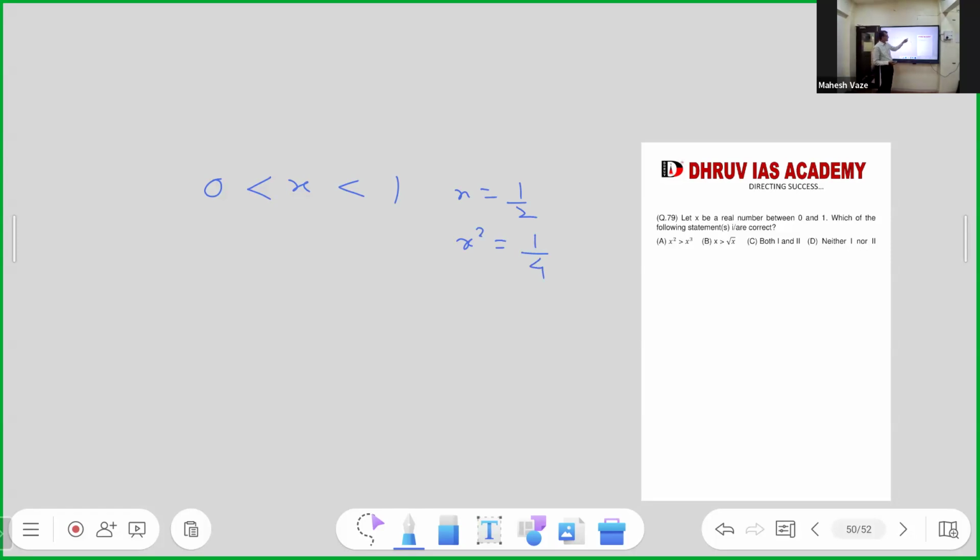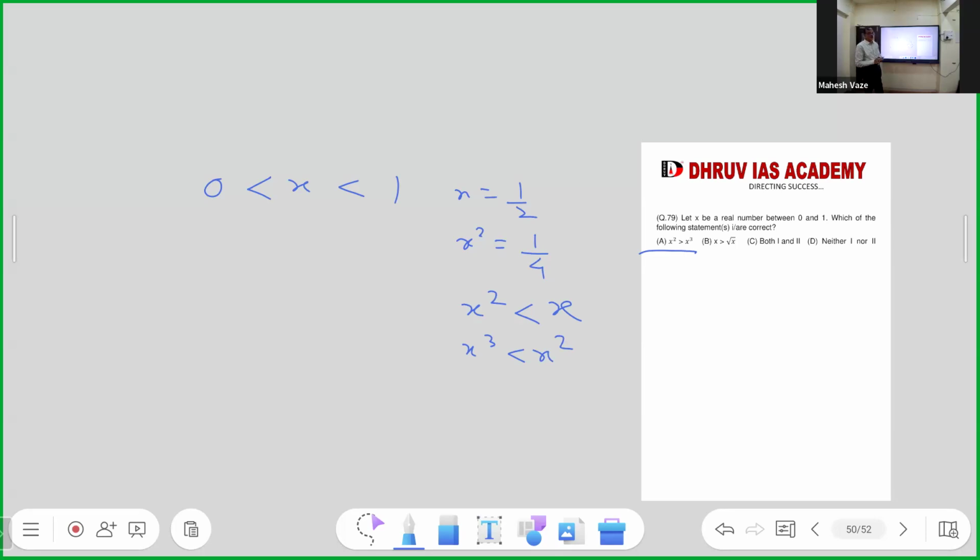So if x is less than 1, x square will be less than x. If you multiply on both sides, x cube will be less than x square. So the first statement is correct.